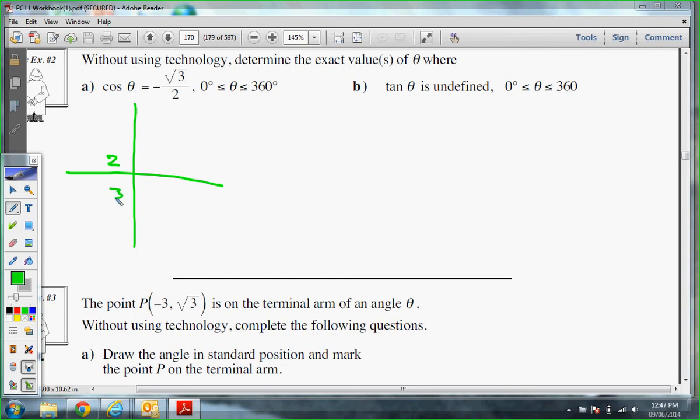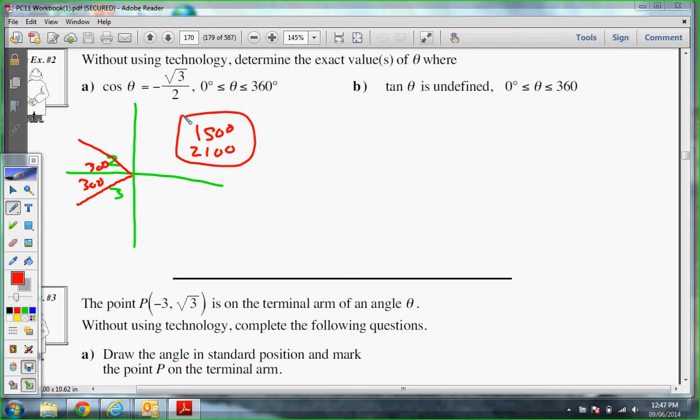Now where is cosine negative root 3 over 2? If we go back to our chart, it's at 30. So I want two reference angles of 30 here, these two spots here and here, because those work for cosine being negative root 3 over 2. So we're pretty much done. 180 minus 30, 150 is an answer. 30 plus 180, 210 is an answer.